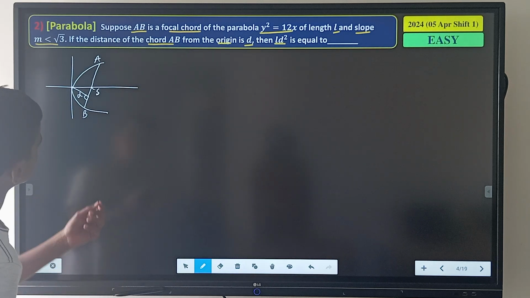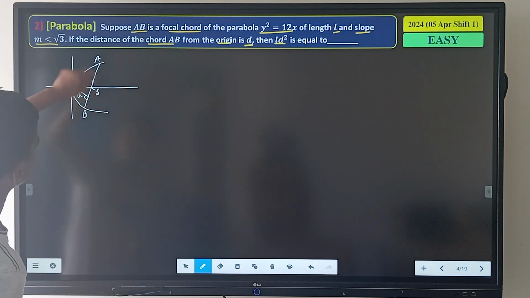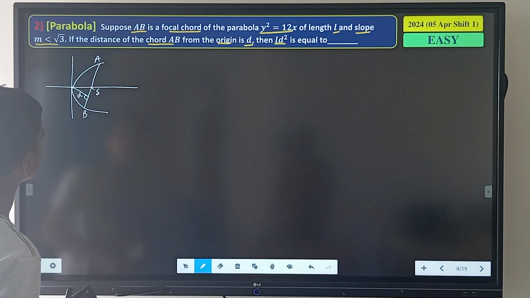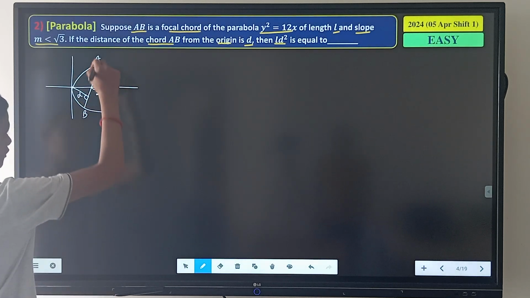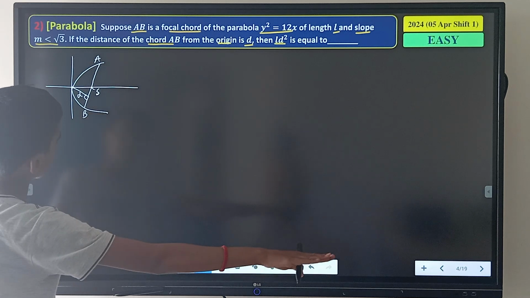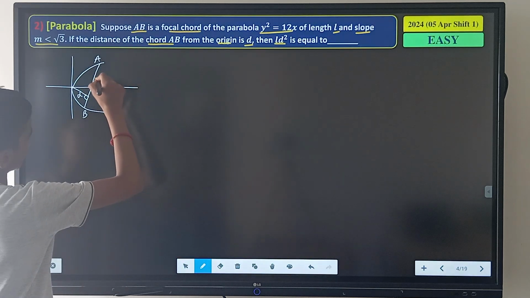And let's suppose that the angle of this chord subtended to the x-axis is alpha.